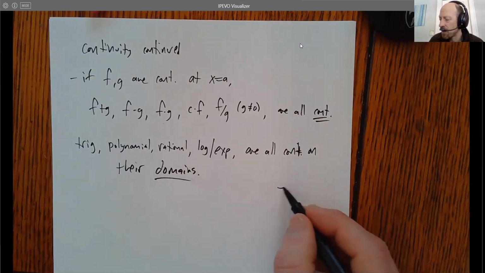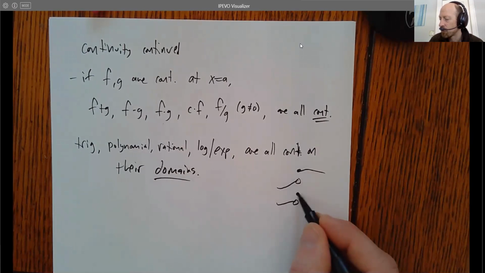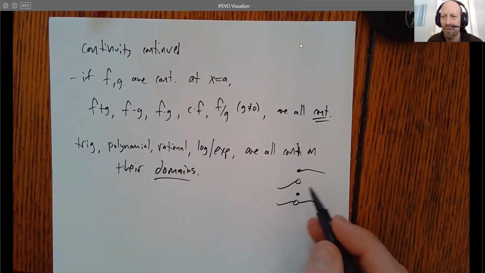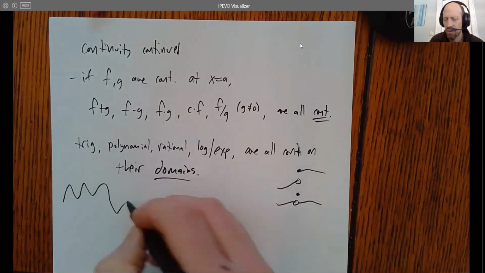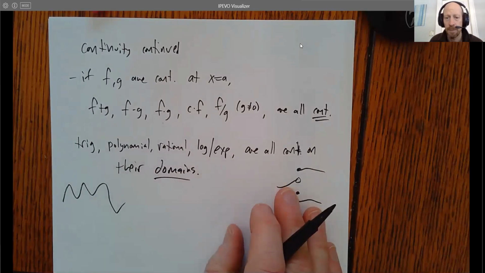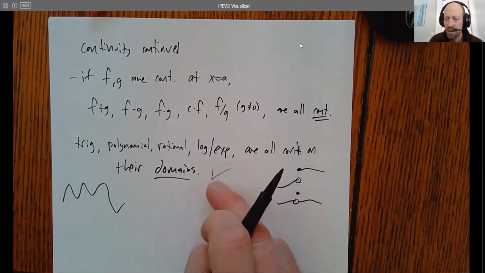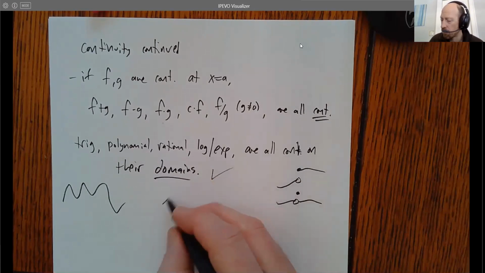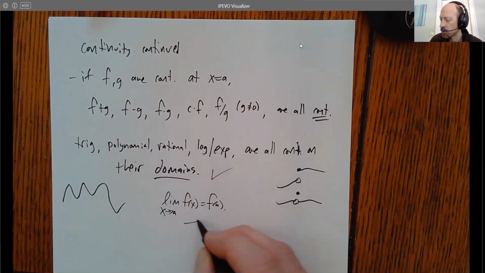None of those functions have built-in things like this or like that, right? They don't have these gaps and jumps and holes. They're just continuous functions. Okay. So this we can use as a fact, and if you're working with continuous functions, remember, of course, that means the limit as x goes to a of f of x will equal f of a, which is direct substitution.